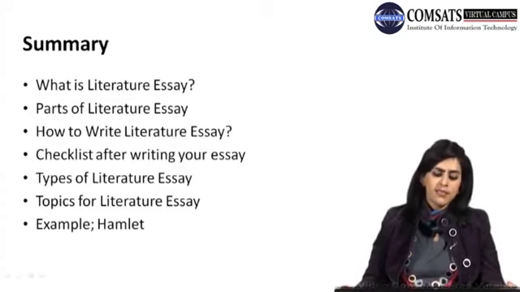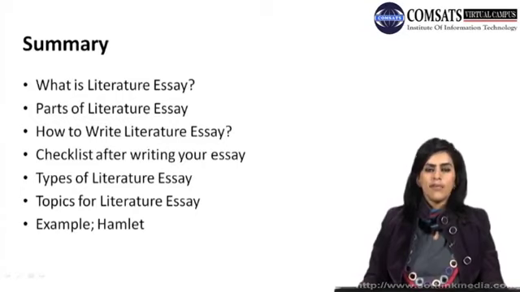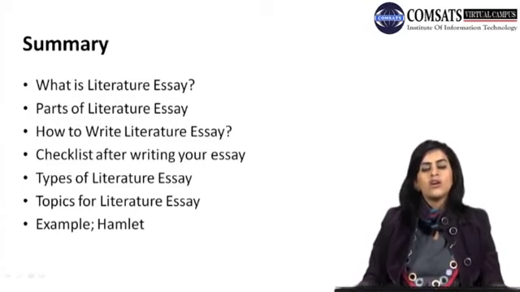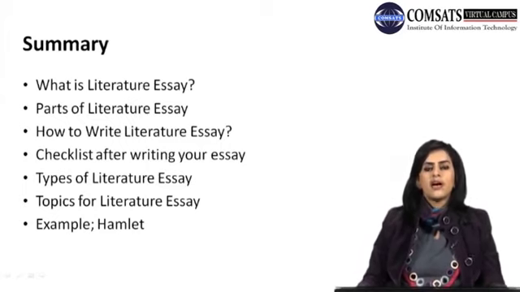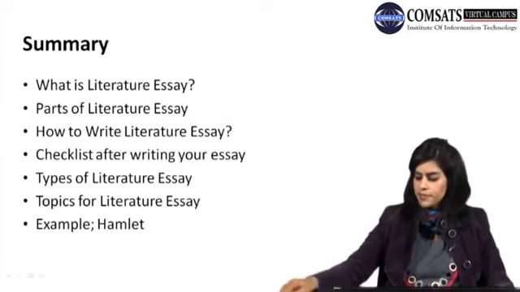We have discussed some types of literature essays, and what kind of topics you can pick for writing one good literature essay. We have discussed one example of Hamlet, and then another example of how Chaucer transformed every work he used, and this brings us to the end of today's lecture.